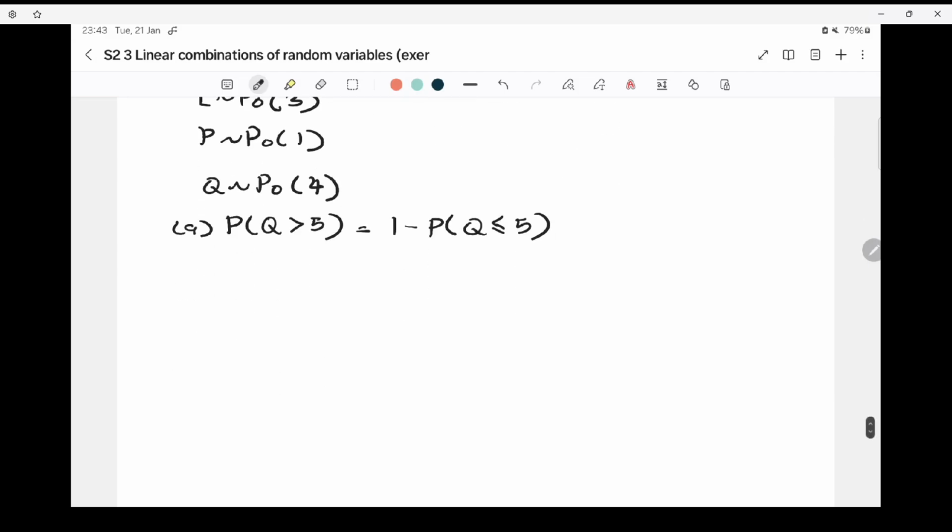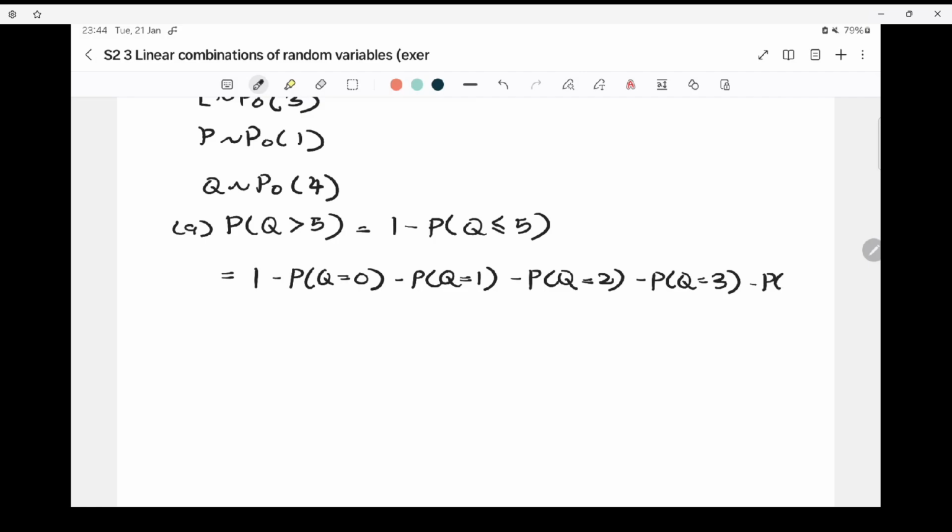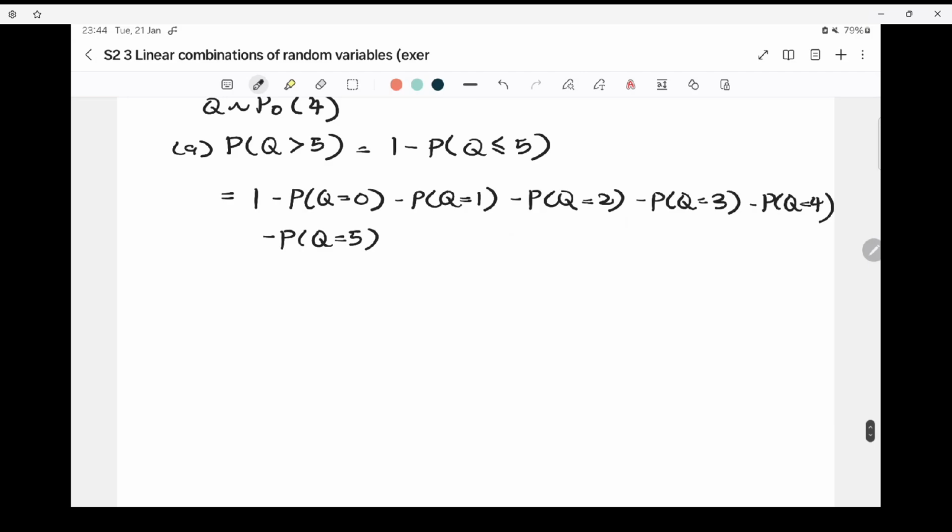Then what you need to do next is just to list down P(Q = 0), P(Q = 1), P(Q = 2), P(Q = 3), P(Q = 4), and then P(Q = 5), and subtract all of those.